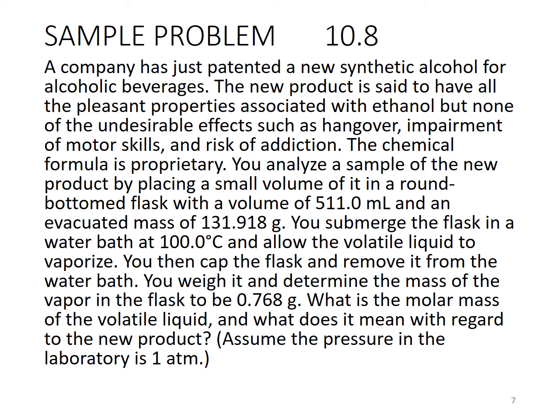All right, so there's a lot going on there, right? One thing is we can get to the density of the volatile organic there. We have the mass of that vapor, which was 0.768 grams, and we have the volume of the flask, which is 511 milliliters.